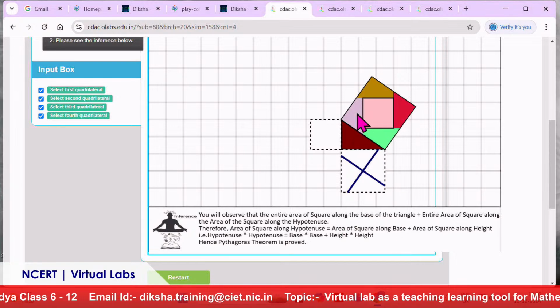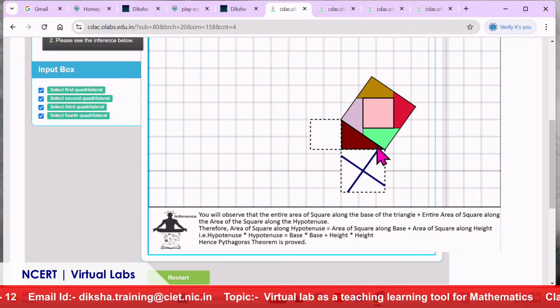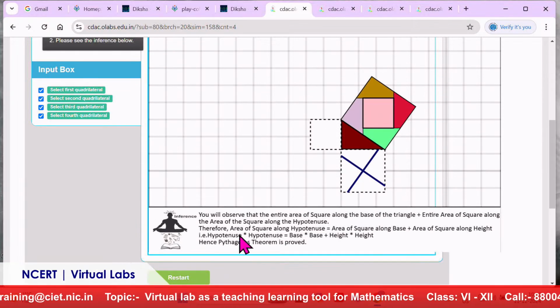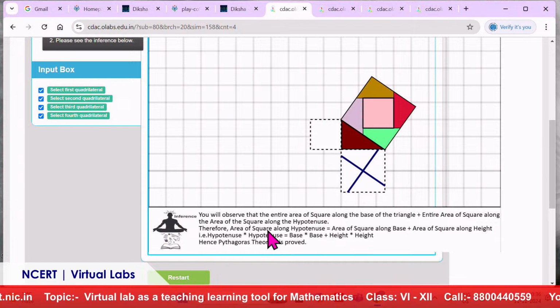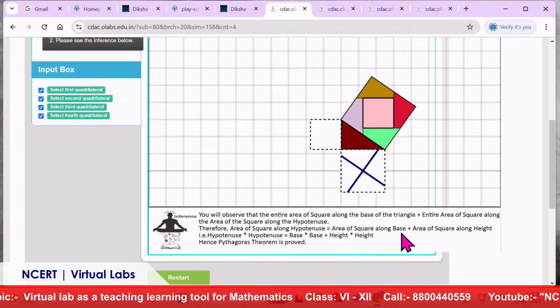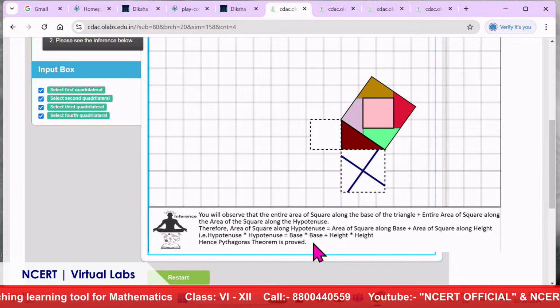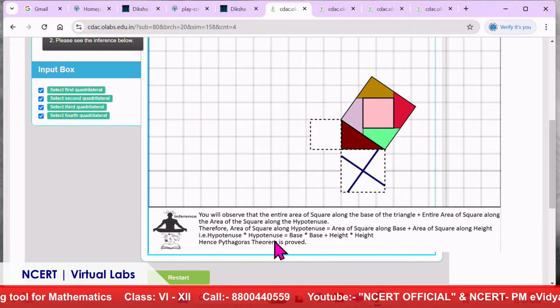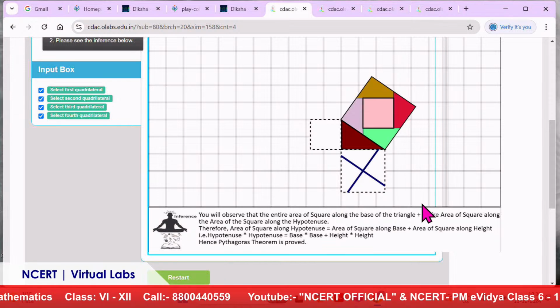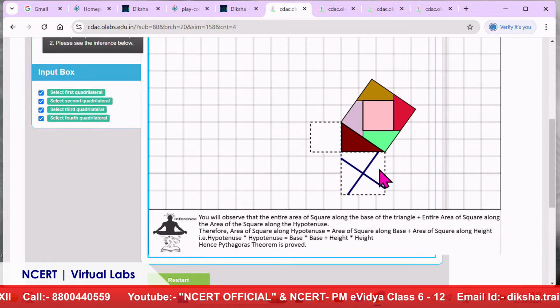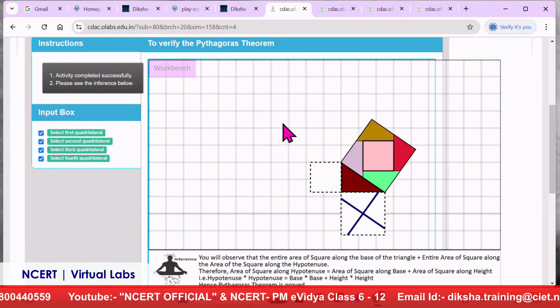So basically the square of the hypotenuse equals the sum of the squares of the other two sides. This is what we get, and this is the observation: the entire area of the square along the base of the triangle plus the entire area of the square along the other side equals the area of the square along the hypotenuse. Therefore the student can get the inference that this is the Pythagoras theorem.